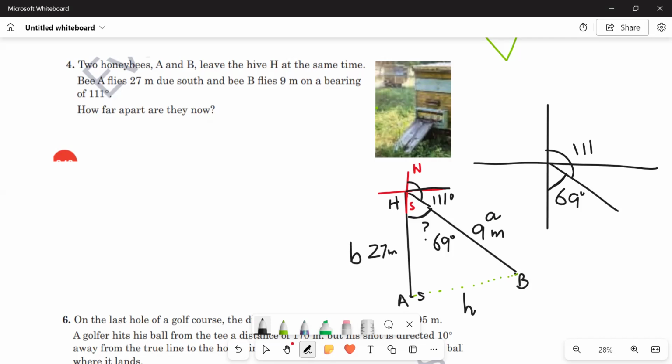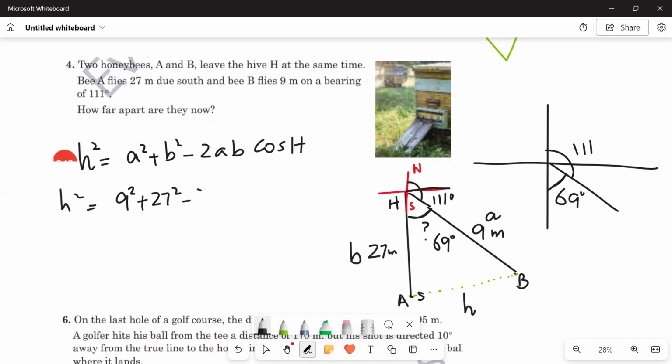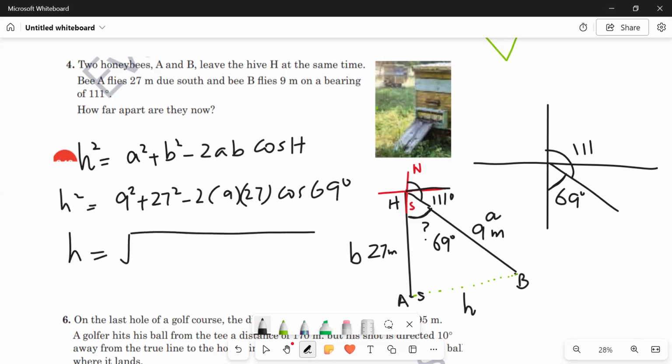So we have to find H. H square equals A square plus B square minus 2AB cos H. So A square is 9 square, 27 square, minus 2, 9, 27, and the H angle, internal angle of the triangle, is 69. Then find this value and take its square root.